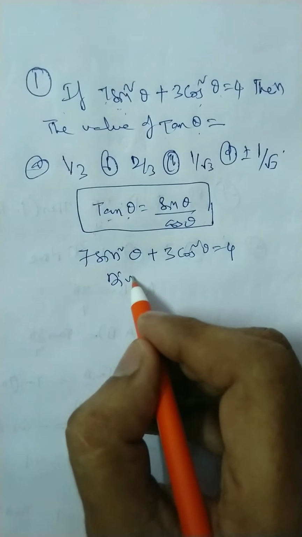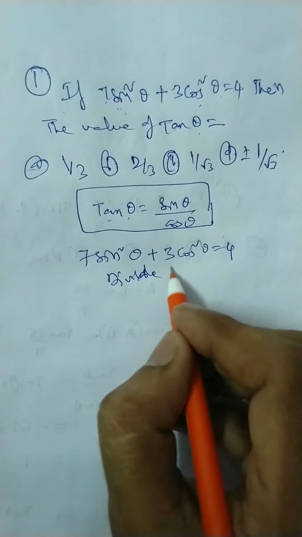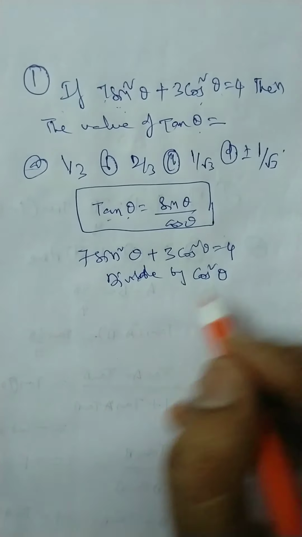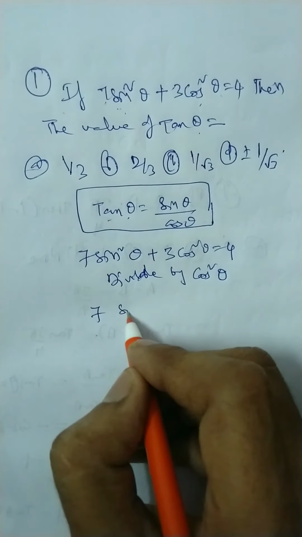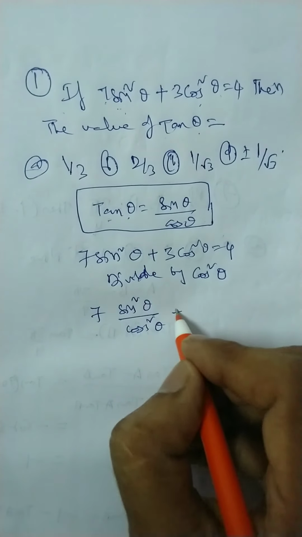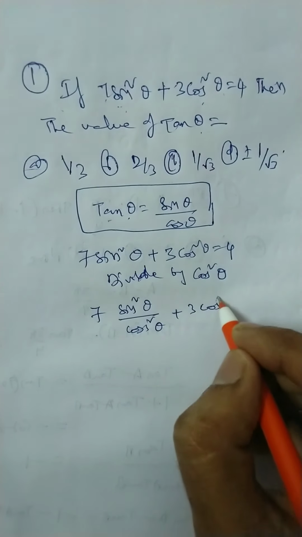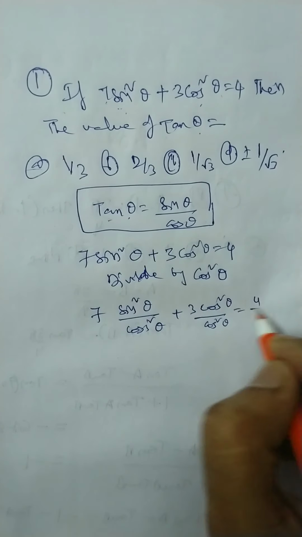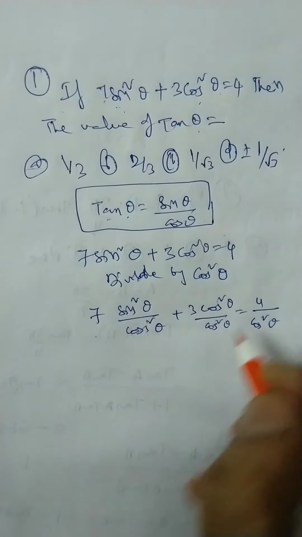So divide by cos square theta. You will find that 7 sin square theta by cos square theta plus 3 cos square theta by cos square theta is equal to 4 by cos square theta.